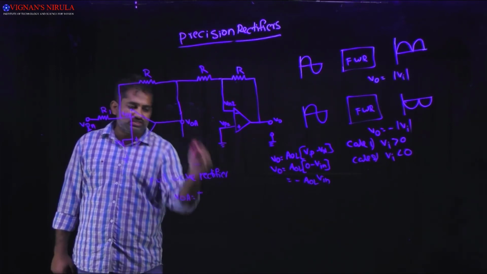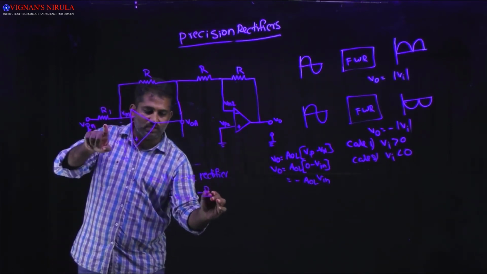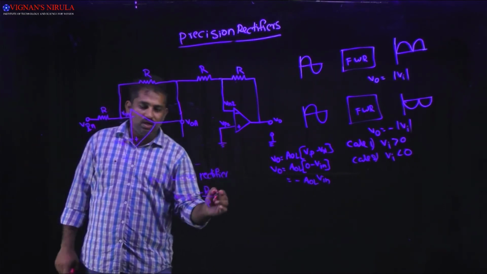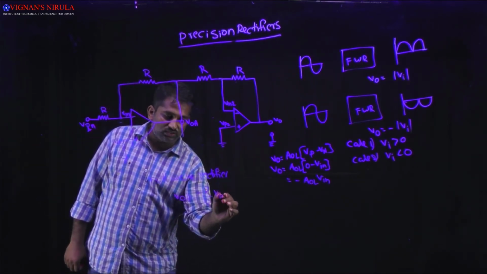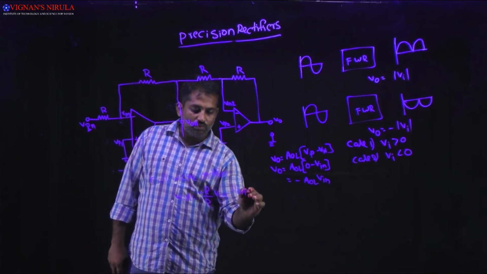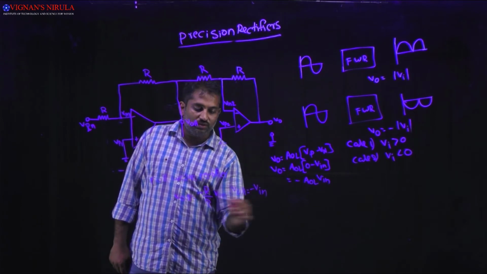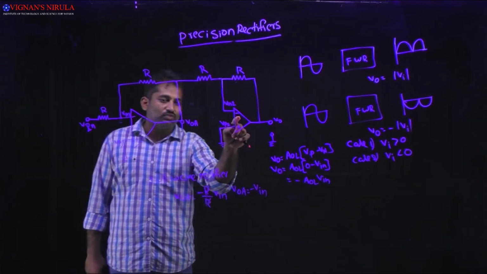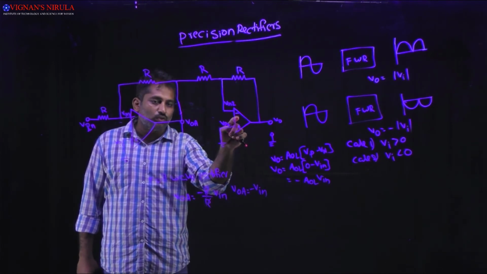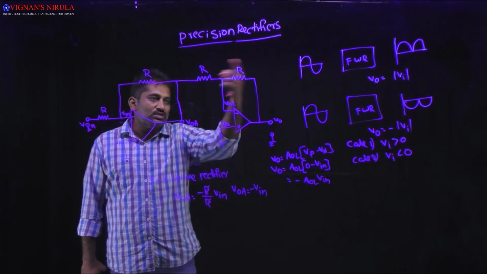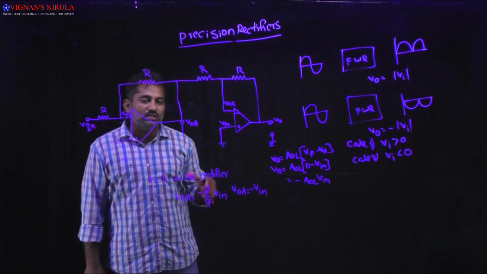Here Rf is R and R1 is R; I am taking all the resistances as equal and I am considering the input as Vin. So V naught A will be equal to minus Vin. Now that will be applied as the input of the second op-amp. At 2 we are applying it to the inverting input, so this also becomes an inverting op-amp.